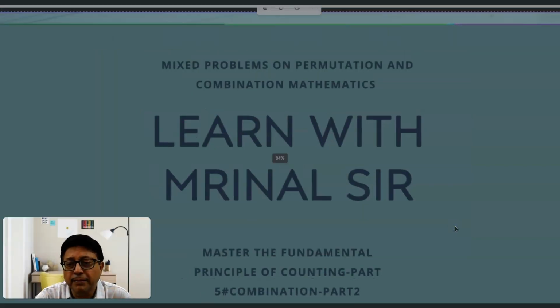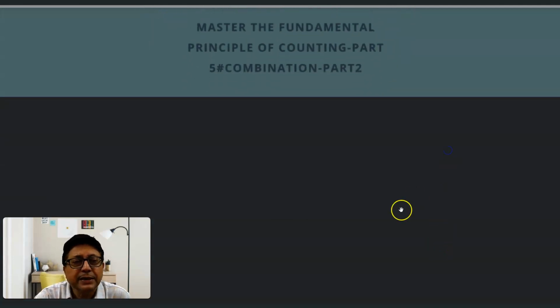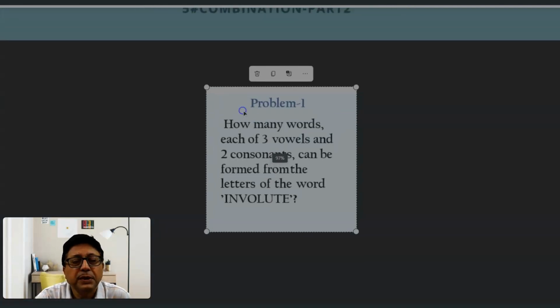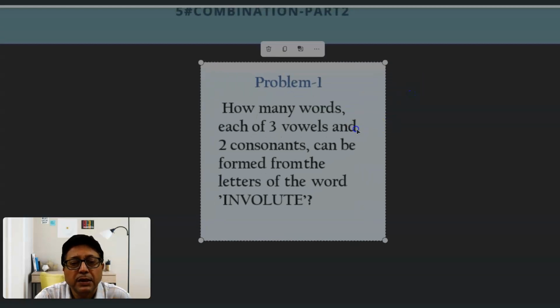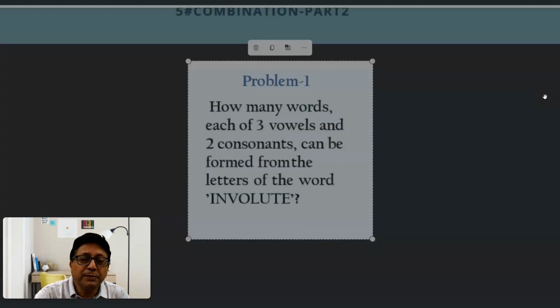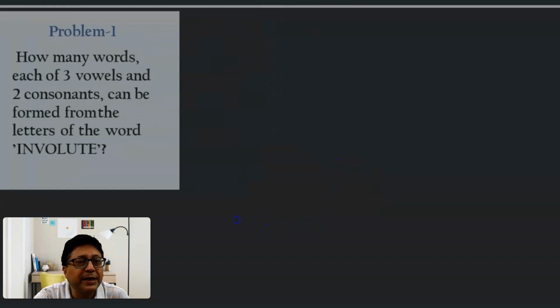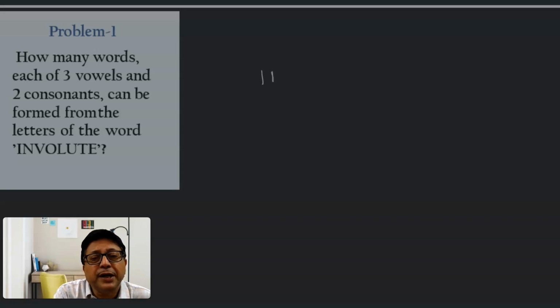In our present problem, we'll be selecting three vowels and two consonants from the letters of the word. Then how many words? They may be meaningless or meaningful, it doesn't matter. How many words of 5 letters can be formed by taking 3 vowels and 2 consonants from the letters of the word involute?